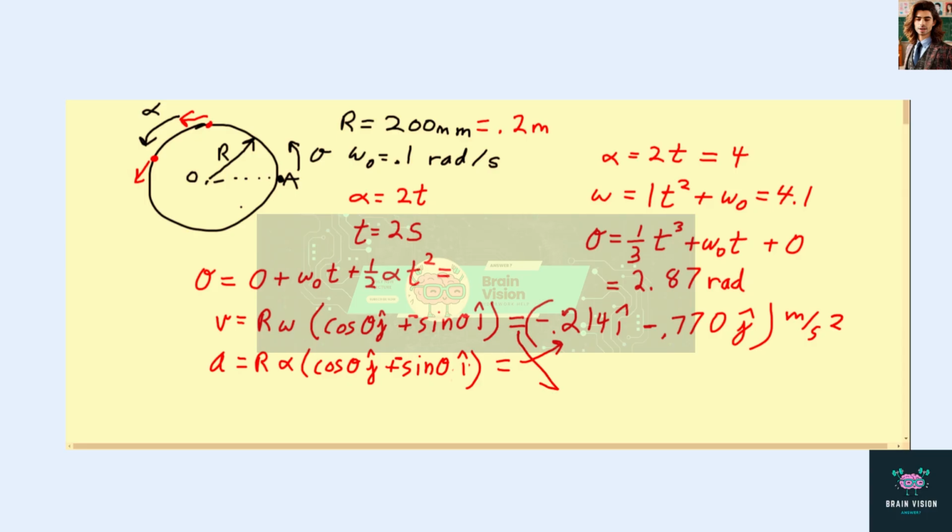So sorry for the crossed lines here, but the velocity is then negative 0.220 i hat minus 0.790 j hat. That's in meters per second. And those are our linear velocity and accelerations of point A.